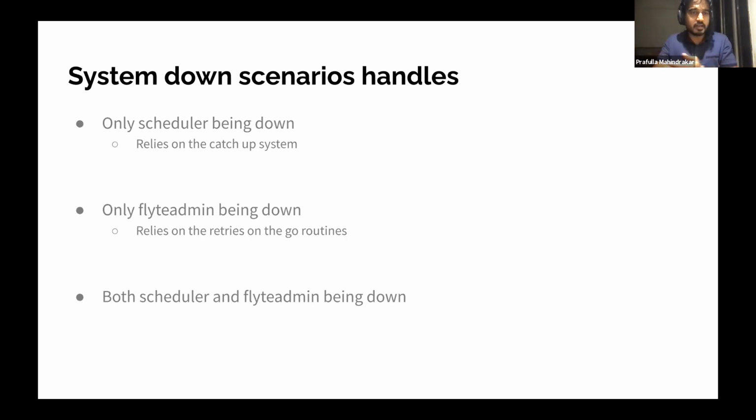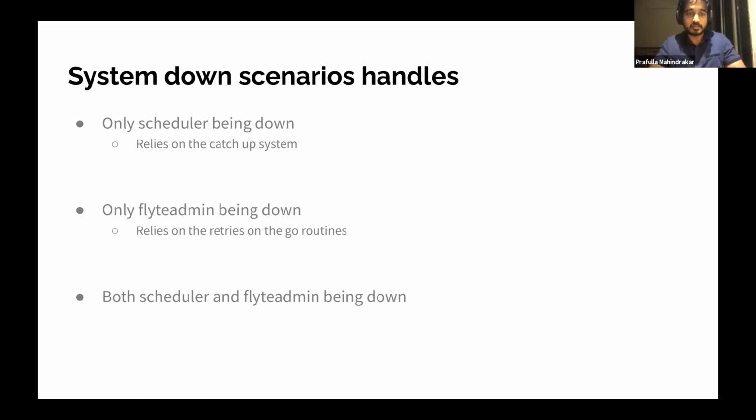Yeah, this system down scenario is similar to that. With only the scheduler being down, we rely on the catch-up system. With Flyte admin being down, we rely on the retries on the goroutines to make sure that the execution goes through and is reattempted, assuming that admin is not going to be down for a long time. But we can make it configurable. Right now it has a fixed number of retries, which are enough according to what we studied.